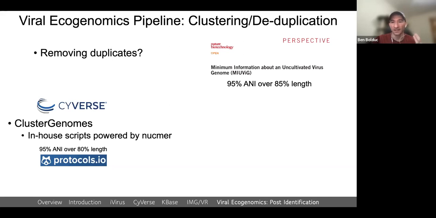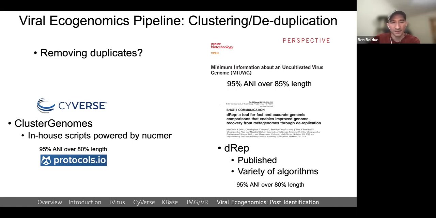But basically that 95% ANI and over some large majority of the length is really all you need in order to get pretty high quality genomes or contigs.